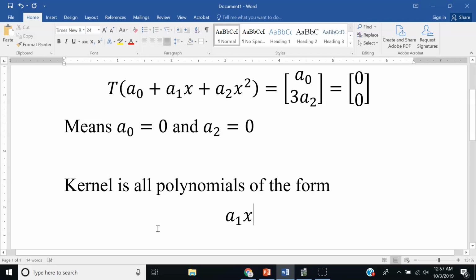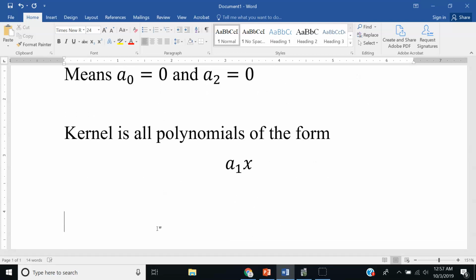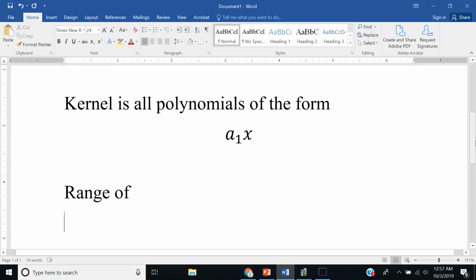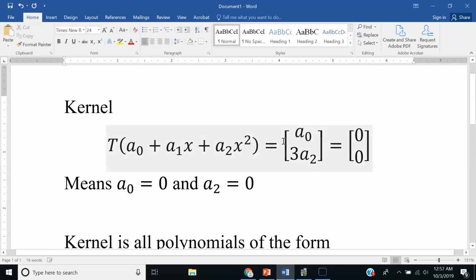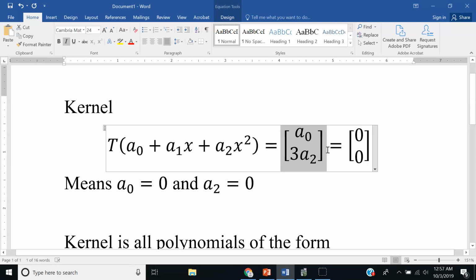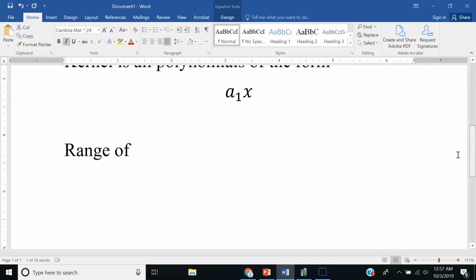Now, let's think about the range of this transformation. Well, the range of this transformation has to deal with the outputs. What outputs are possible?